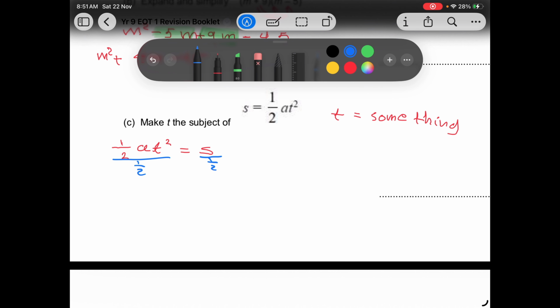However, of course you can cancel it, but there's something I think easier, even easy on the eyes. Look at this, guys. My purpose is to remove 1 over 2, so you can simply multiply both sides by the reciprocal. So you can multiply this side by 2 and this side by 2.